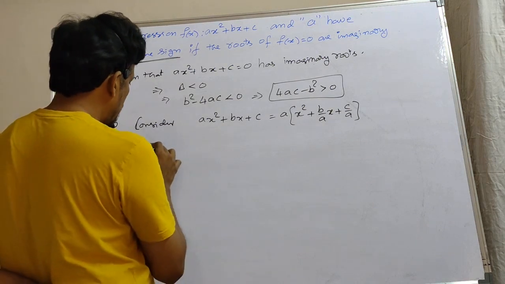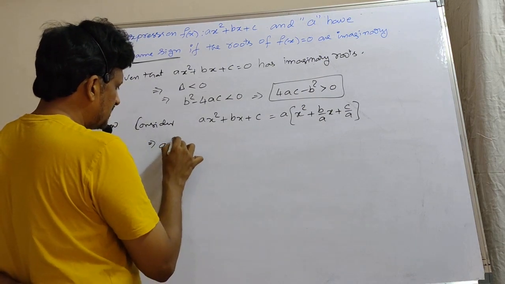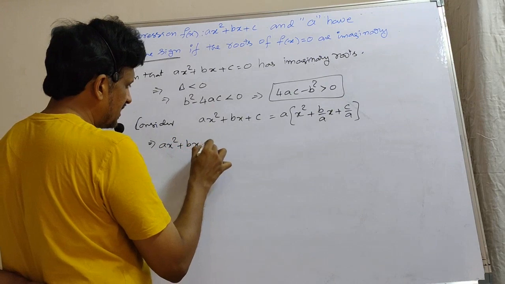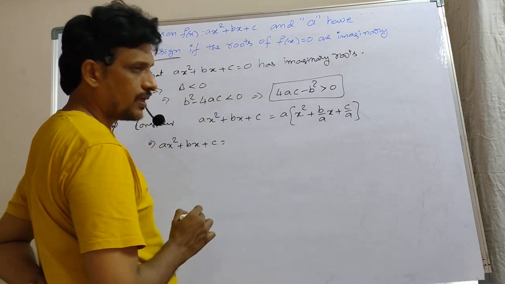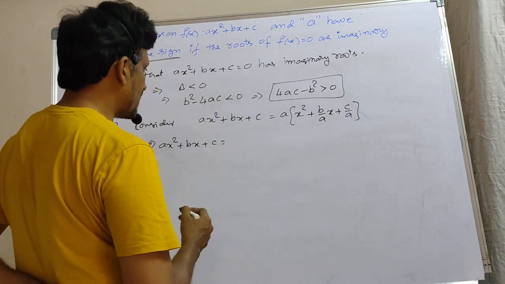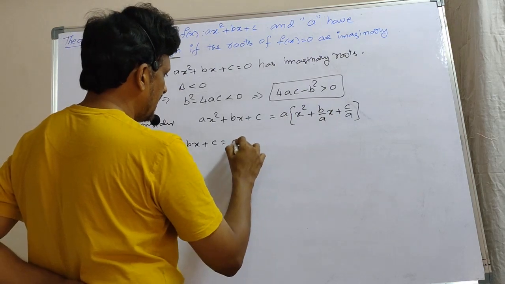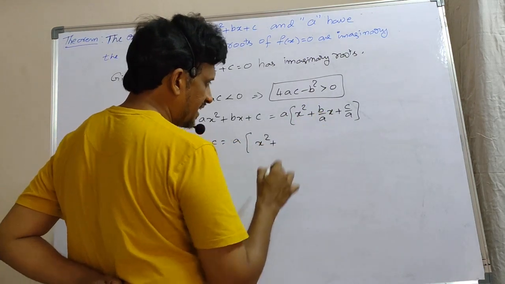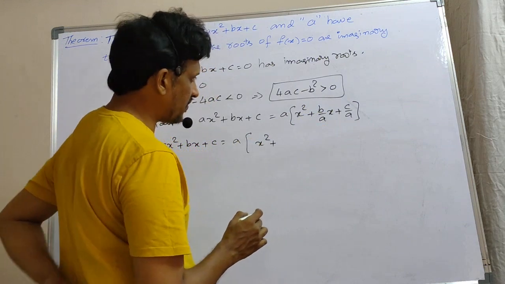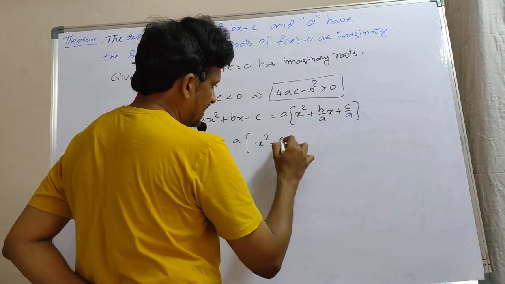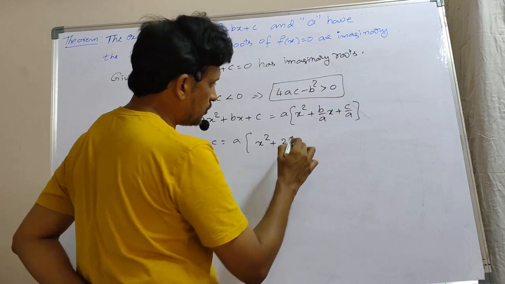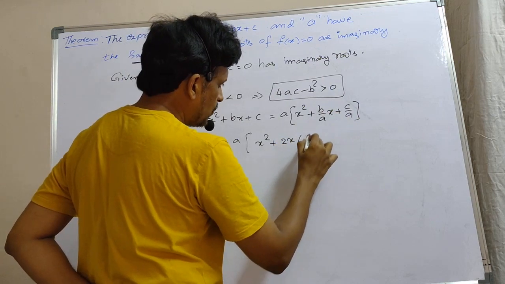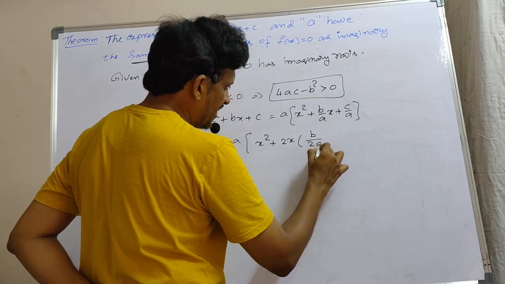And now observe this one. The given expression f of x is equal to a into, observe this one, x square is there. I want to write a square plus 2ab plus b square form. So here I am writing like this, multiplying and dividing with 2 gives 2 into x into b by 2a.